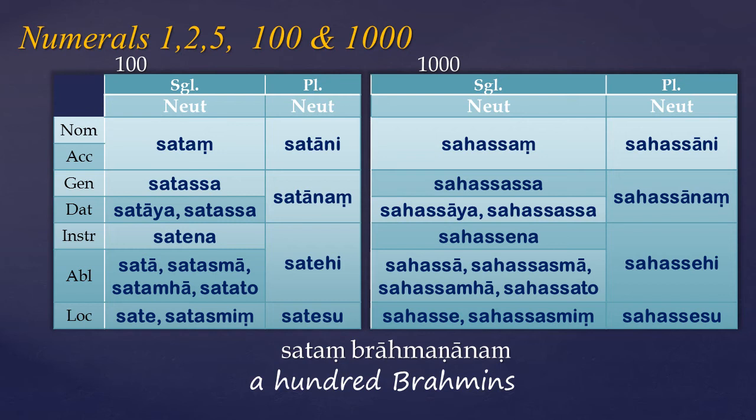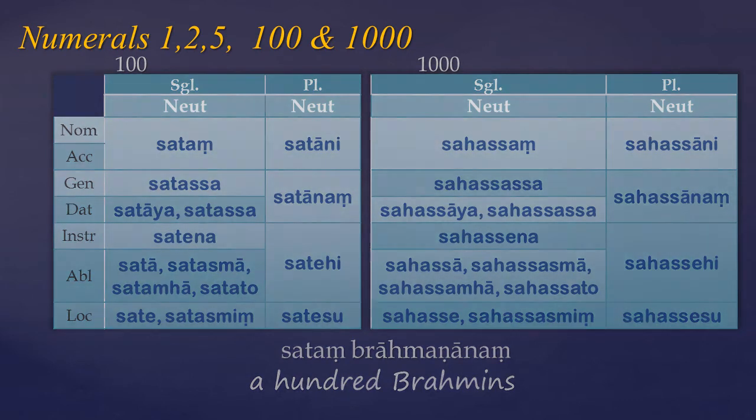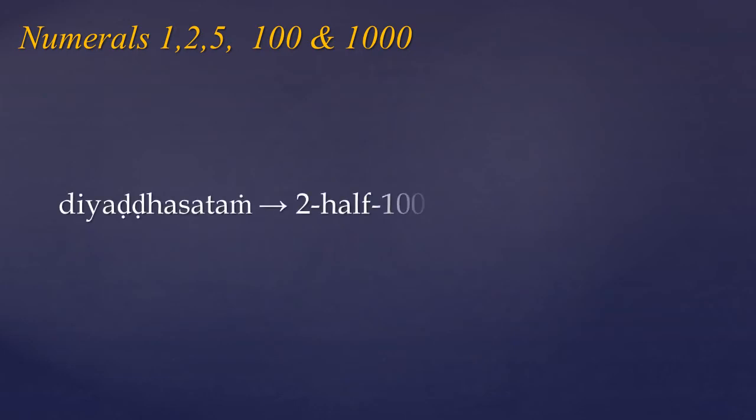But importantly, they never change gender. So these all mean 100 Brahmin. And when Dvandva compounds are formed with these numbers, quite often they imply a multiplication. So diyaddha satam is literally 2 minus a half multiplied by 100, or 150.